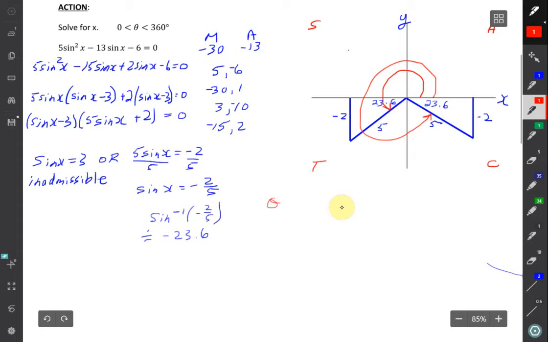So theta is equal to, first of all, looking at that first terminal arm, 180 degrees here plus 23.6. And that gives us 203.6 degrees. Theta also equals 360 degrees from this arm all the way around to here and then back up 23.6 degrees.